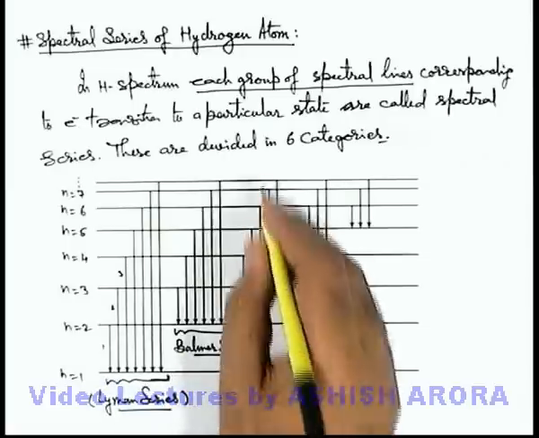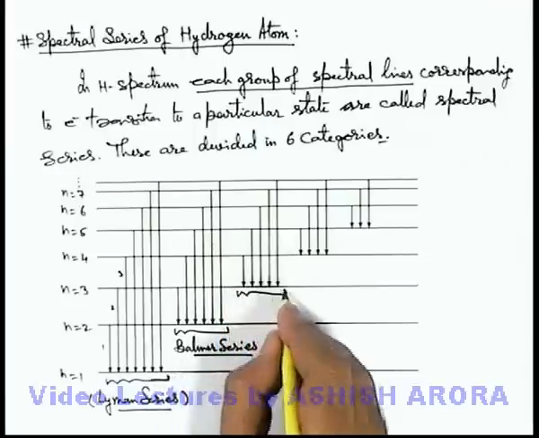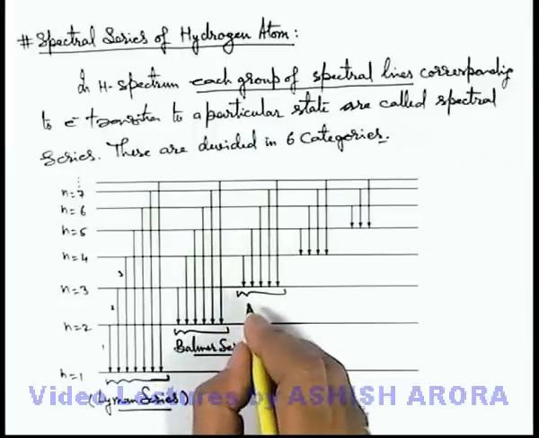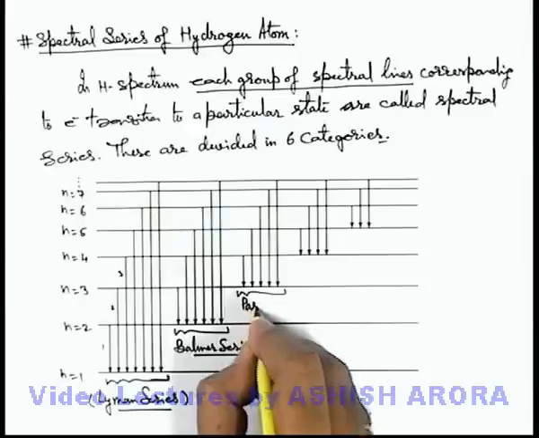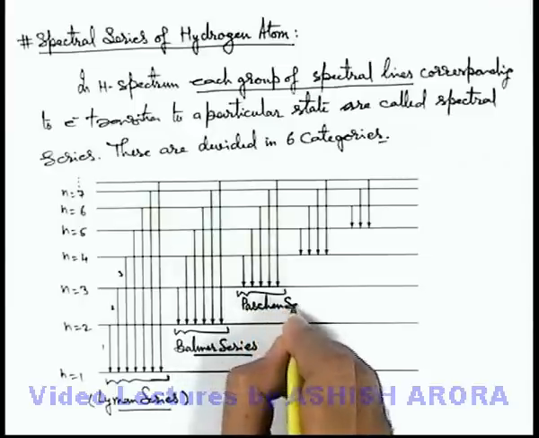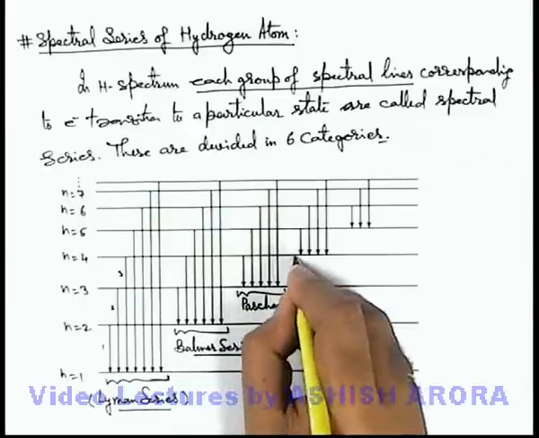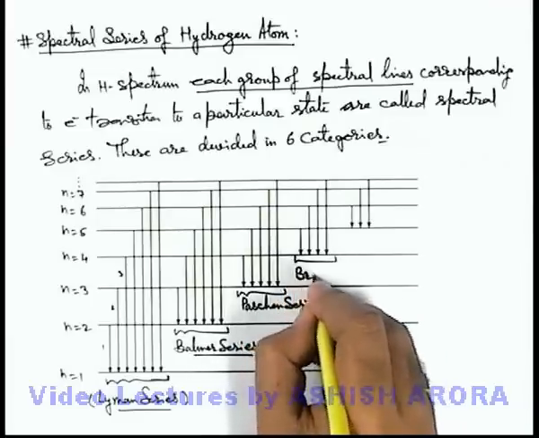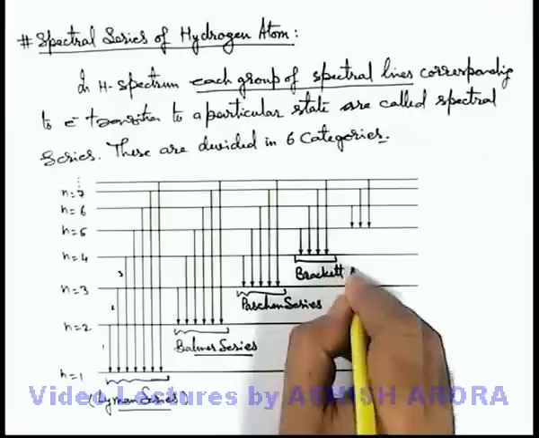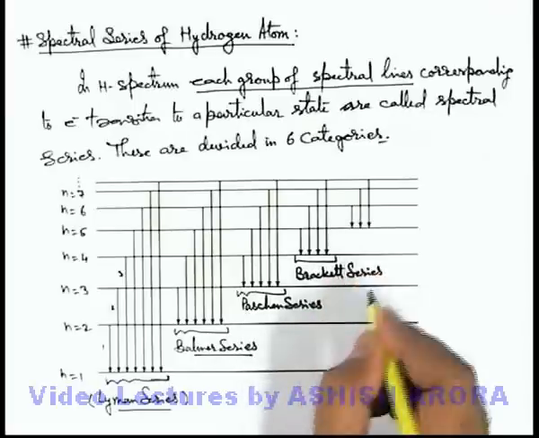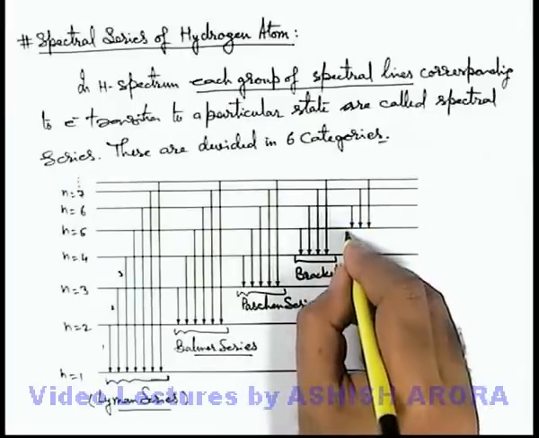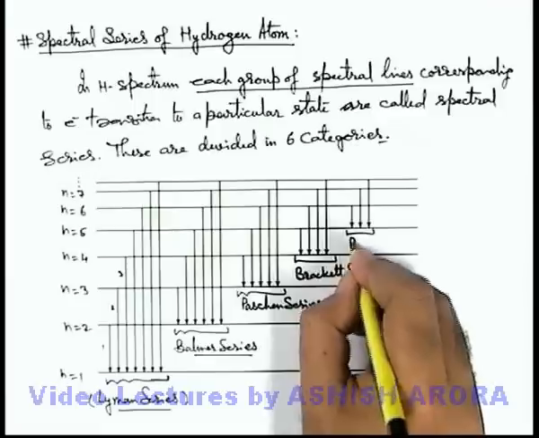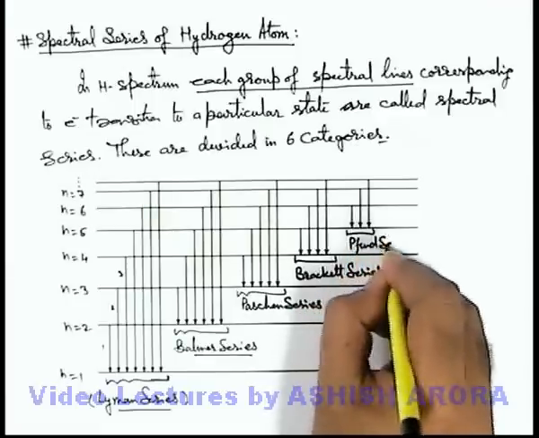Similarly, when an electron makes a transition to the 3rd energy level, again the group is given a name called Paschen series. For n equals 4 transition, the spectral series is given the name Brackett series. And for n equals 5 transition, it is called Pfund series.